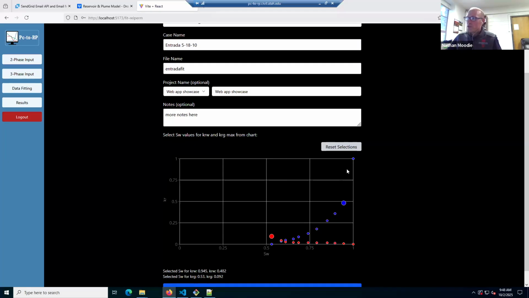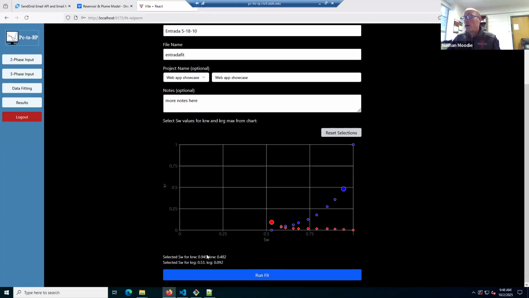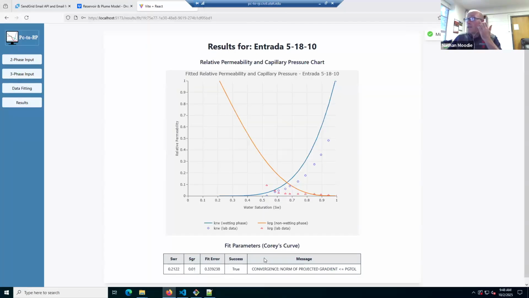Say you want to restrict your fitting, and not to this curve up here to here or one of these other points. You can do that. It gives you that option. We'll select that and we'll run the fit. And so this is the fitting of it. It gives you your sum of squares fit error, and then the two endpoints that you would put into your TOUGH2 here.